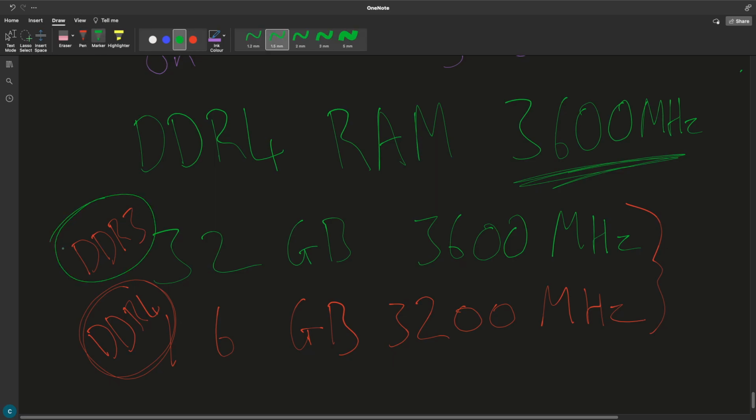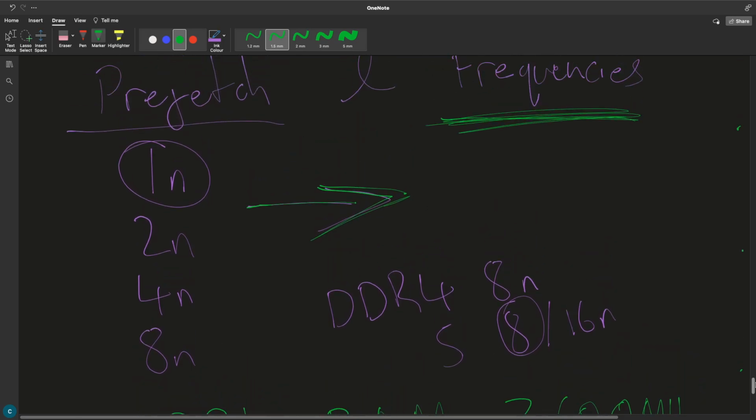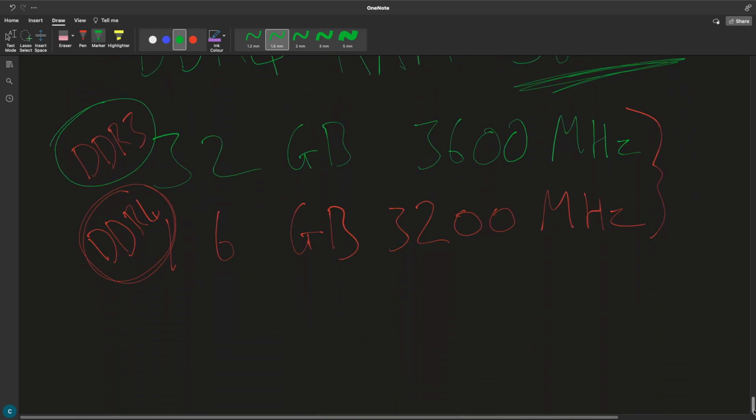It tends to be more than just the frequency or the amount of prefetch it's got that speeds up RAM. But in general, the faster the frequency and the more prefetch it's got, it's going to work a lot better, including the amount you have.